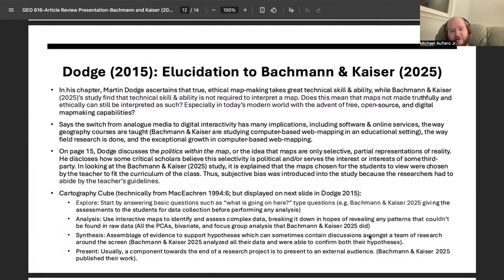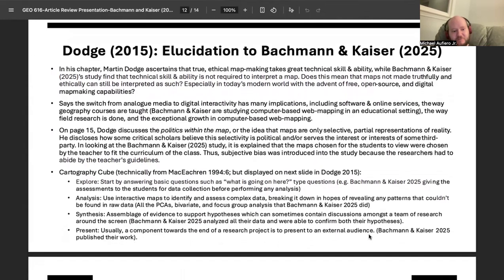I didn't mention that, but they did have to go by the school's guidelines for the focus groups and a few other aspects of the study. So there was a subjective and human bias there to the subject that the maps were based on. They were economic maps because it was an economics class. So the teacher had a third party interest in having influence in what those maps were about.